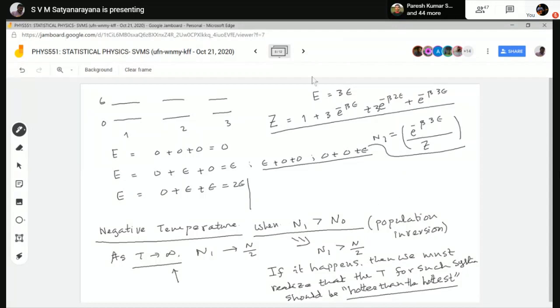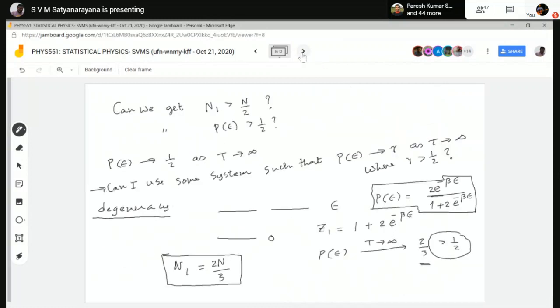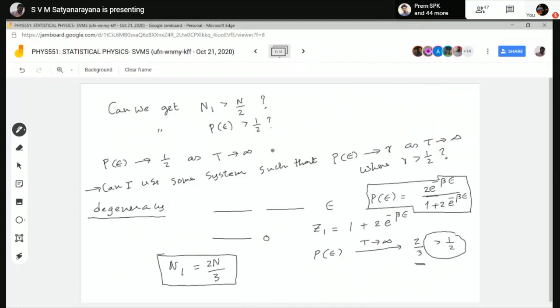Then we asked the question, even at positive temperature, how is it possible to make this probability greater than 1 by 2? That can be done by increasing the degeneracy of the system. So this is something which is not a negative temperature, as you can see. Even at positive temperatures, you can actually make this 2 by 3, greater than 1 by 2.